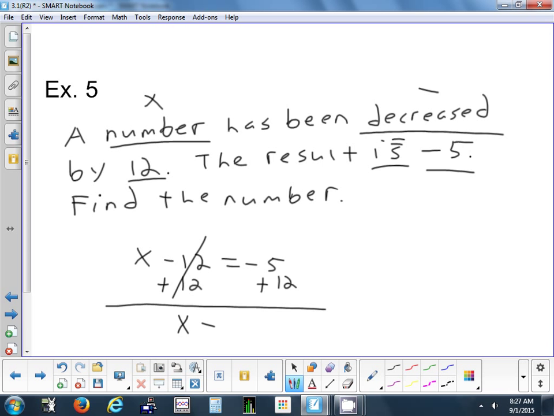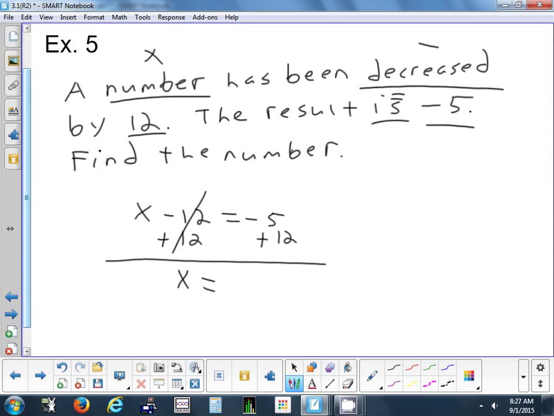Now, for that last part, guys, Ryan, is your answer going to be positive or negative? Positive. Why? Because if you take away 5 from positive 12, it's still positive.